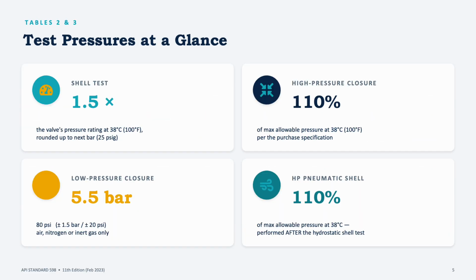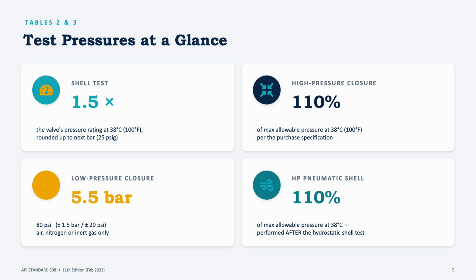Now if you see the test pressure at a glance, for the shell test we need to perform 1.5 times the valve pressure rating at 38 degrees centigrade or 100 degrees Fahrenheit, rounded up to the next bar. High pressure closure test, we perform at 1.1 times the maximum allowable pressure.